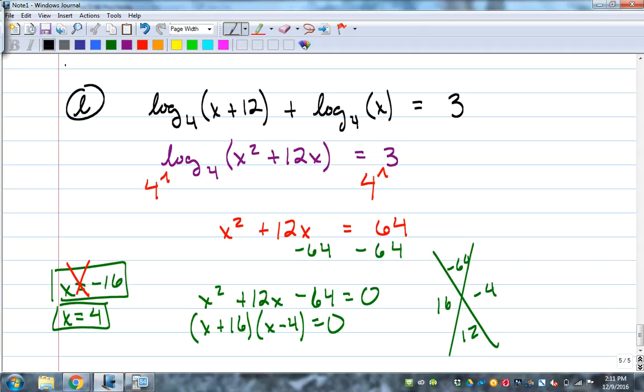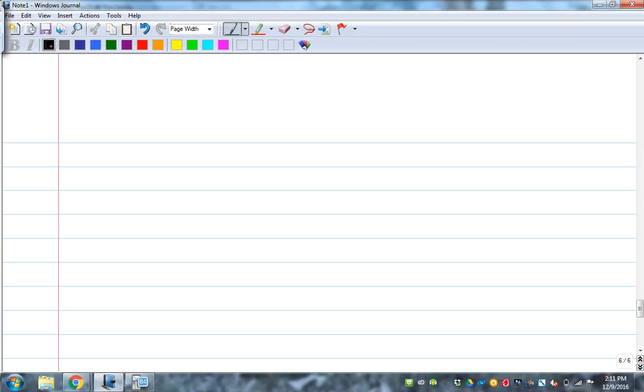So let's look at what we're doing for the next couple of days, or at least the rest of today. On page 519, numbers 3 through 43.